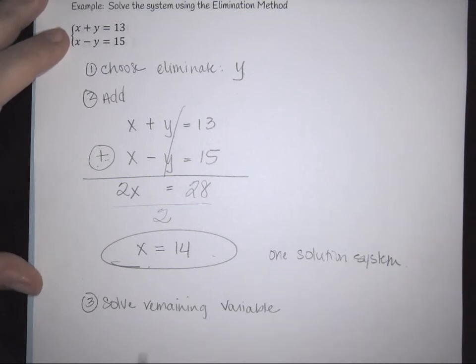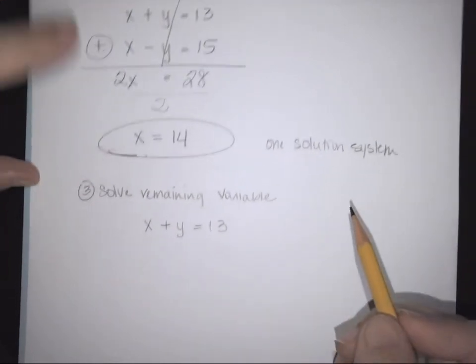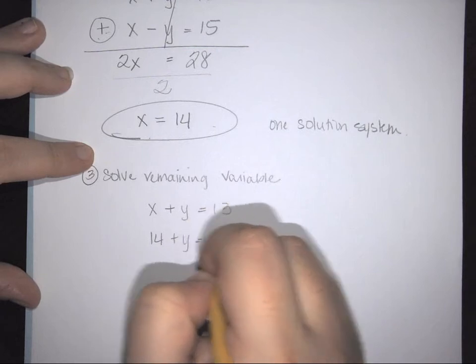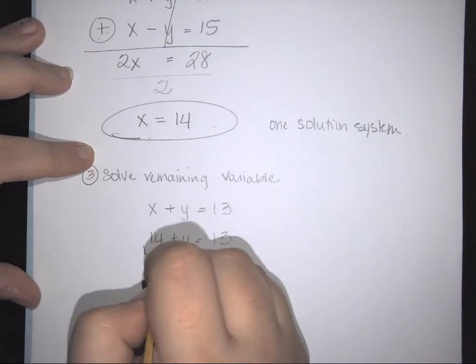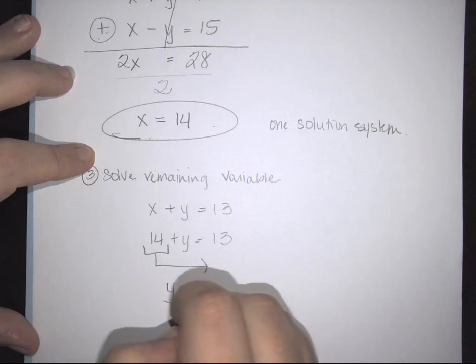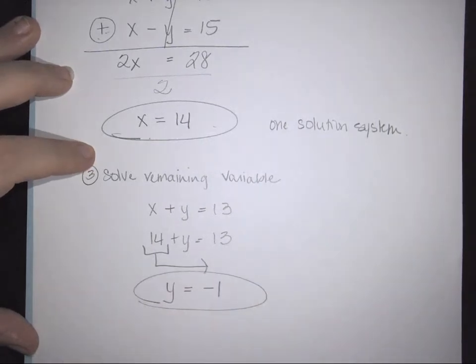So we have x plus y equals 13. My x was 14, so this is going to be 14 plus y equals 13. Take this 14 and move it. So we have that y is negative 1. Here is my second solution.